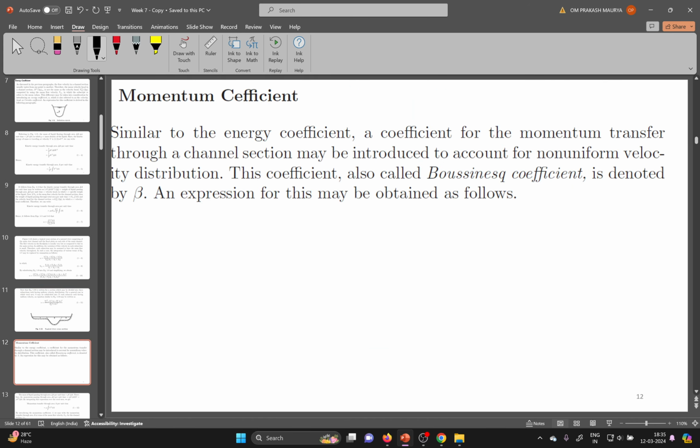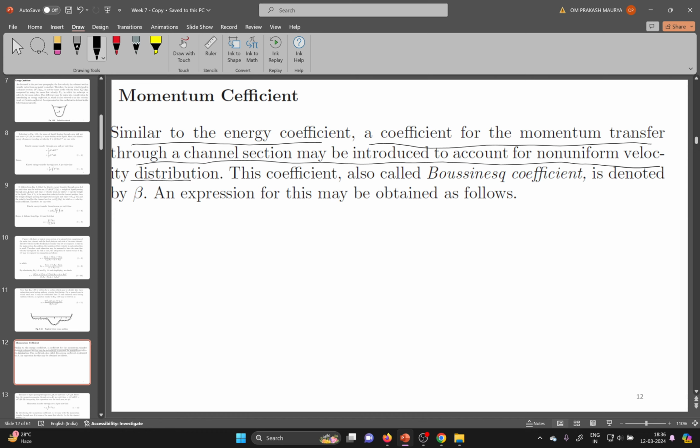And the momentum coefficient is also very important. Here, similar things. Why do we use the momentum coefficient? Let us read. Similar to the energy coefficient, a coefficient for momentum transfer through a channel section may be introduced to account for the non-uniform velocity distribution.